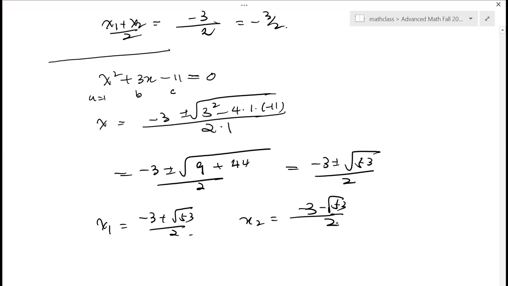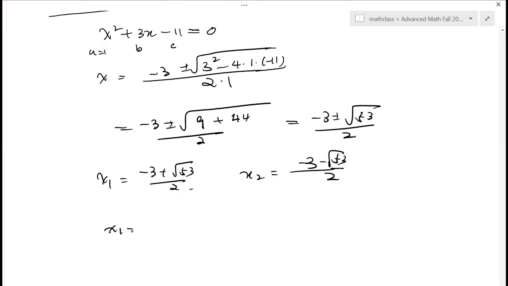However, the average value would be simple. When you add them together, you can solve that, right? So x1 plus x2, and I divide by 2, right? I find that the square root of 53 will be canceled out.